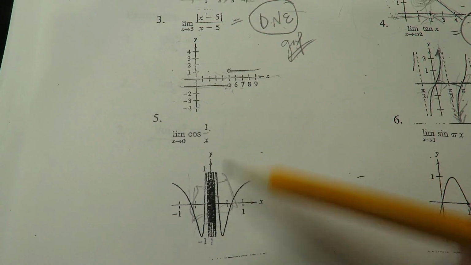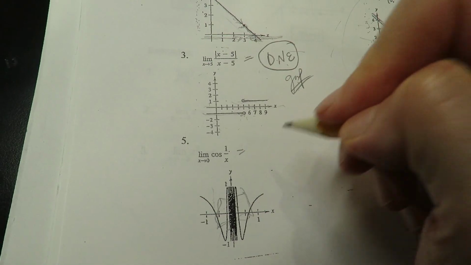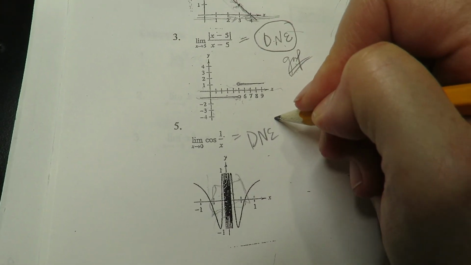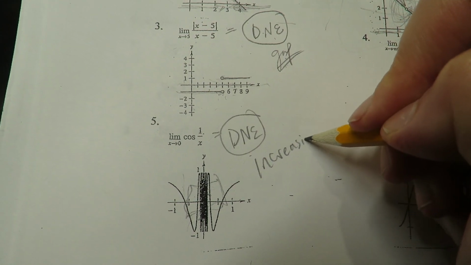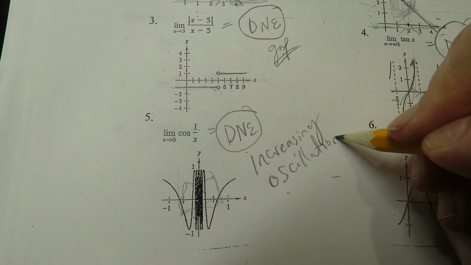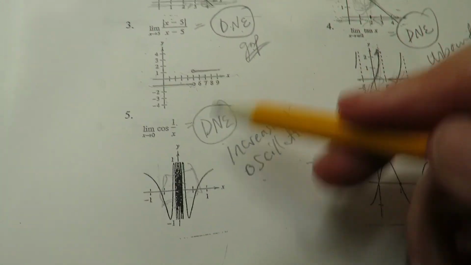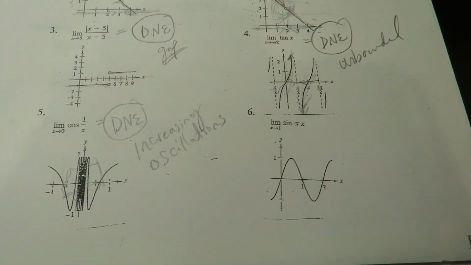You can't catch it. So for this one, it's DNE because it's increasing in oscillations. It never goes to a particular destination. It just keeps jumping in and out of what it's supposed to hit.